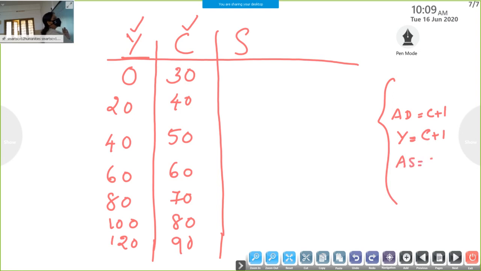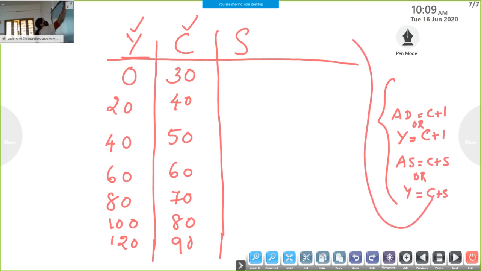Like that, AS is equal to C plus S, or we can write Y is equal to C plus S. So if we consider this formula, what is S? S is equal to Y minus C, right? So from level of income and consumption expenditure, we will get saving.